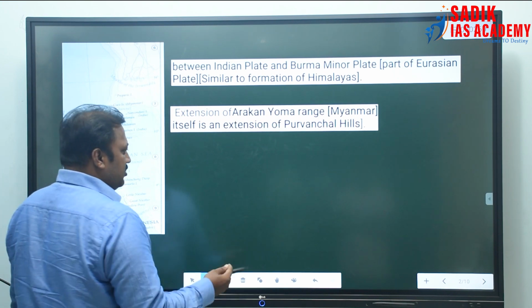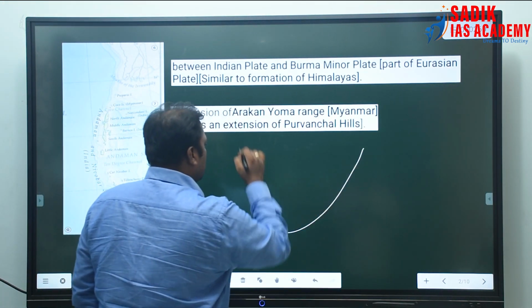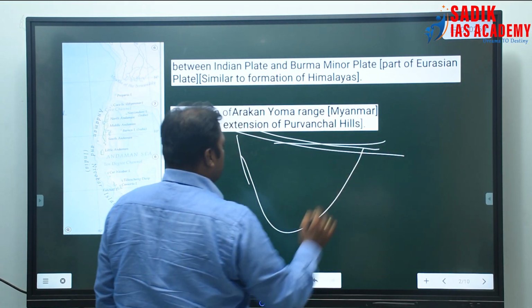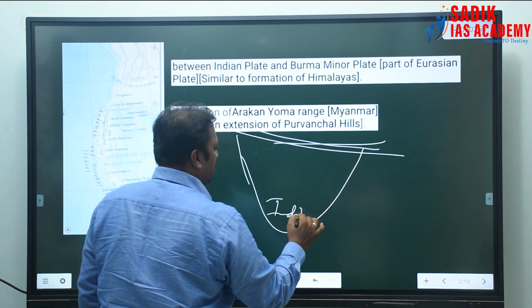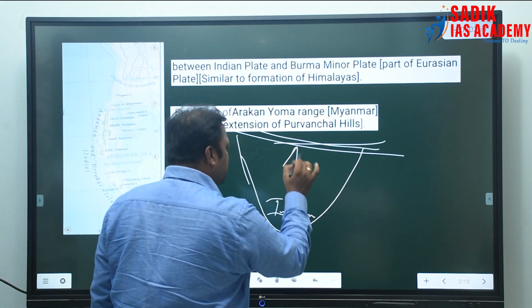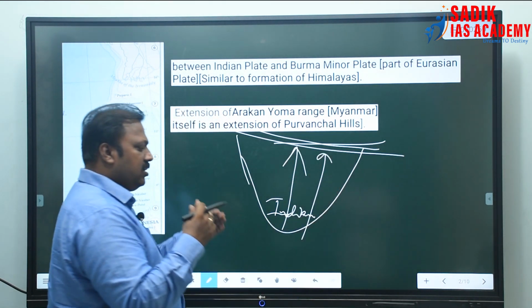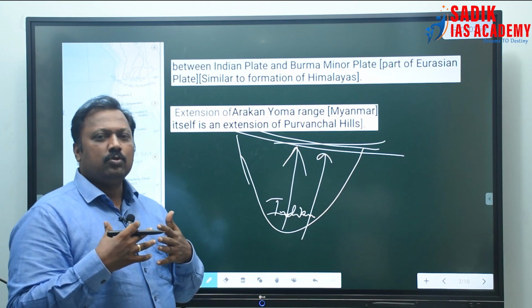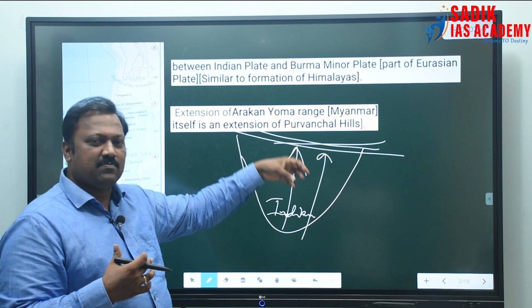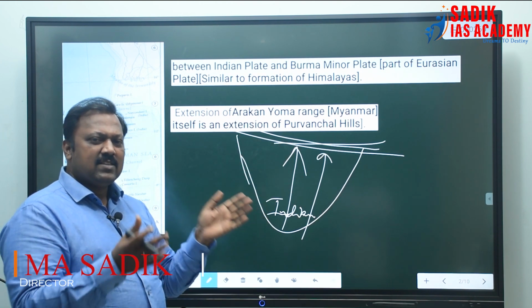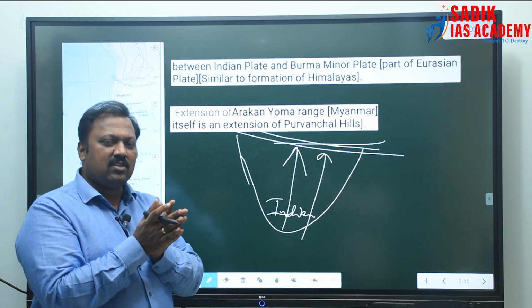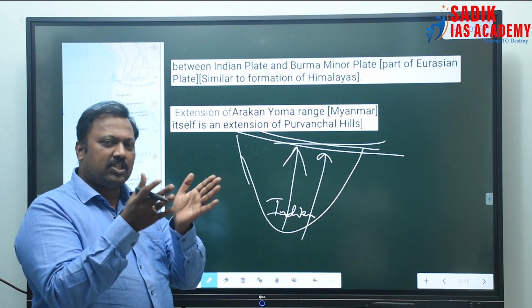So if you see in the map, the Himalayas are present here, and this is the Indian plate. Okay, Indian plate. The Himalayas are the result of the Indian plate pushing into the Asian plate, leading to the emergence of the subduction zone.